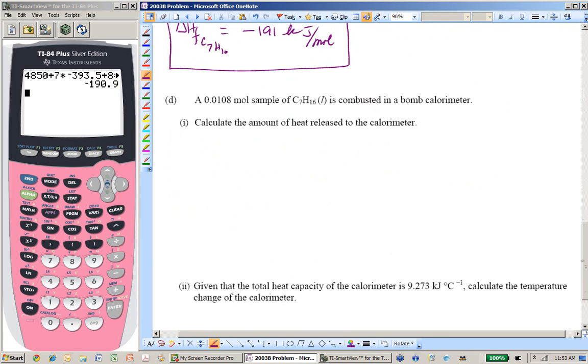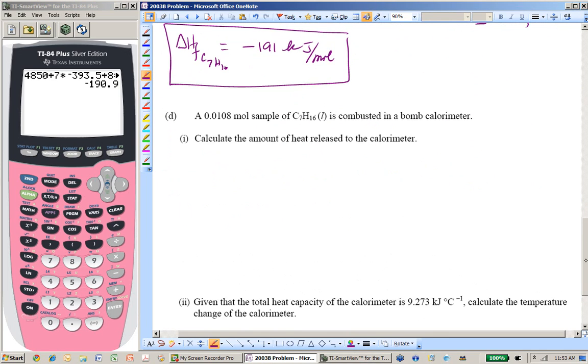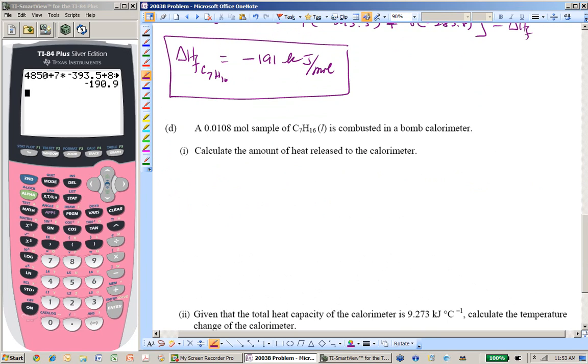And then I've got less than a mole. I've got a very small sample, a 0.0108 mole sample of this stuff combusted in a bomb calorimeter. All right.